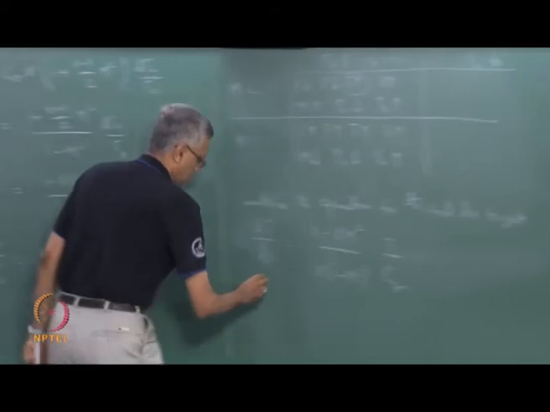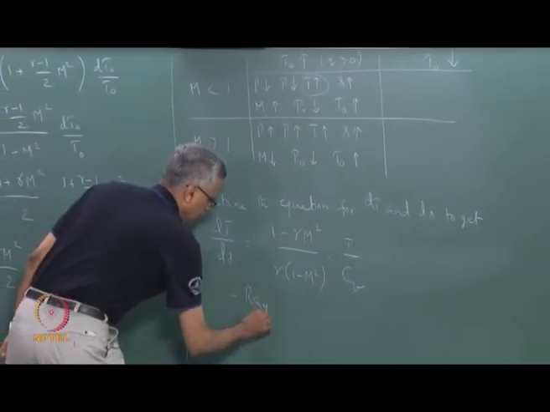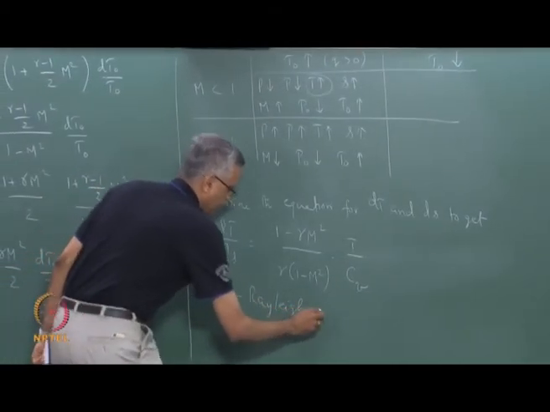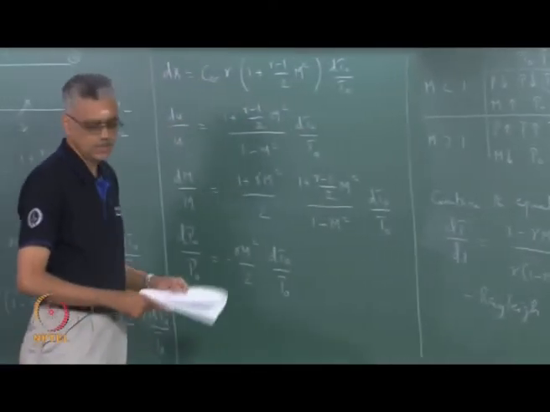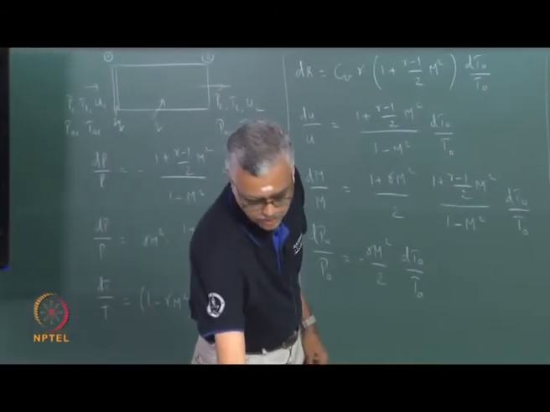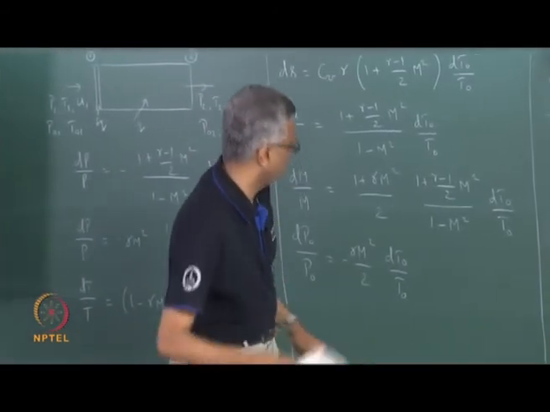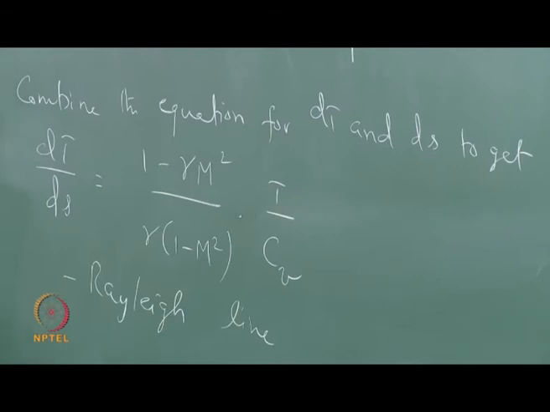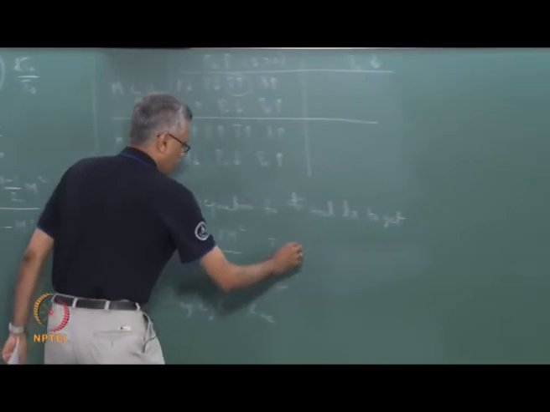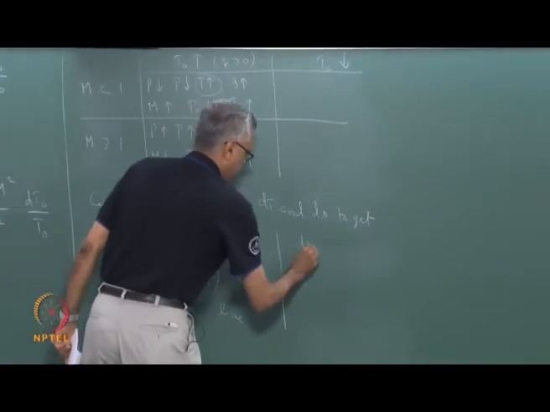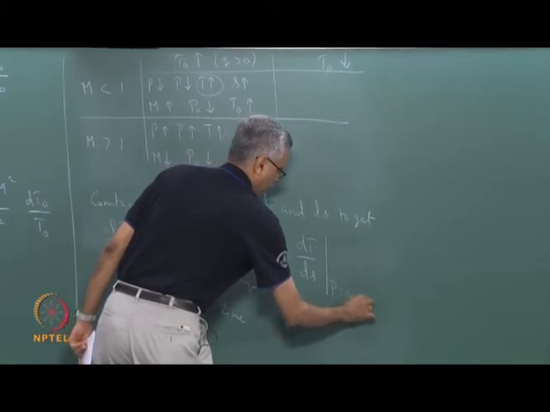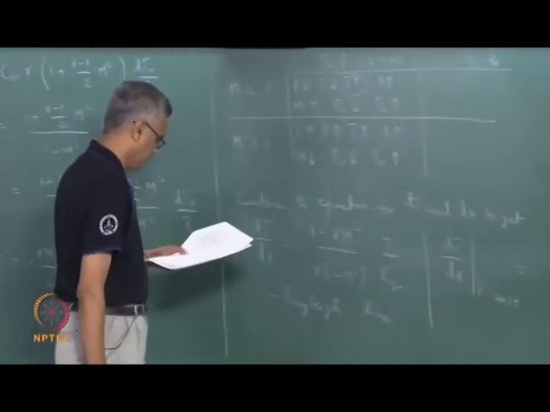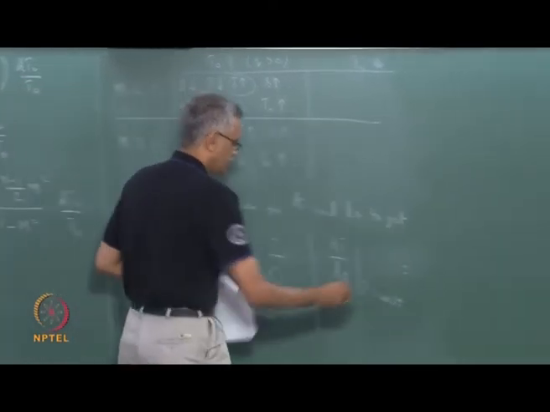This line on a TS diagram is known as a Rayleigh line. So, when we complete drawing this line, this is known as a Rayleigh line. Now, you will also remember from our earlier lecture that the slope for a P equal to constant line on a TS diagram was given as T over Cp.